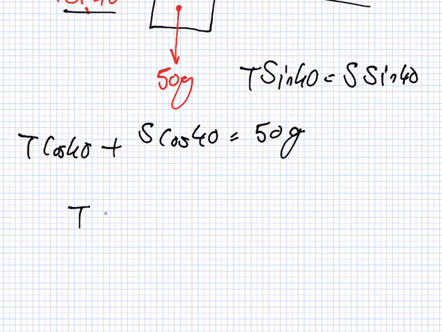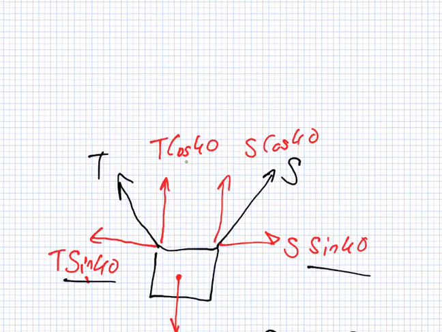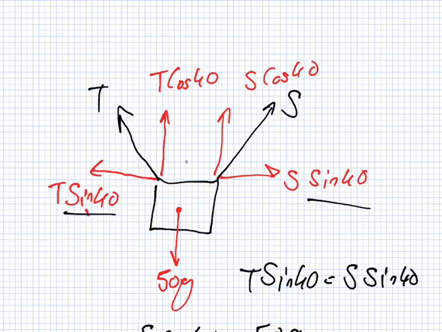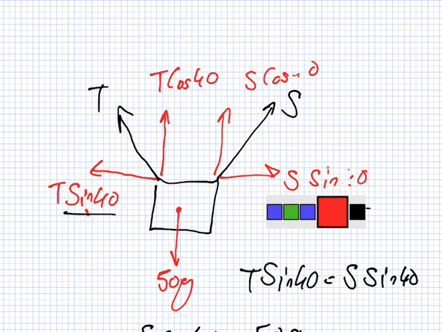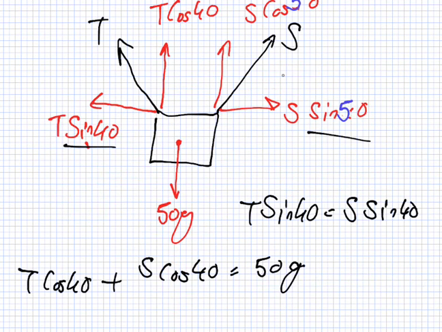So you have sine 40 T minus sine... what's that? Oh, for goodness sake! Sorry, children. That should be 50. I wrote it wrong. So here, that should be 50.